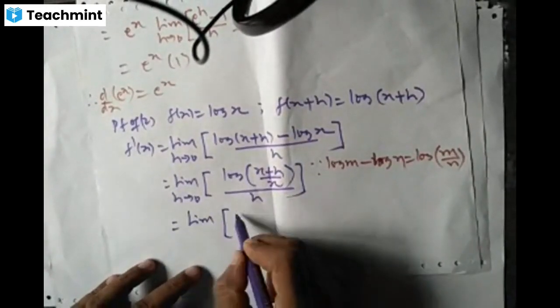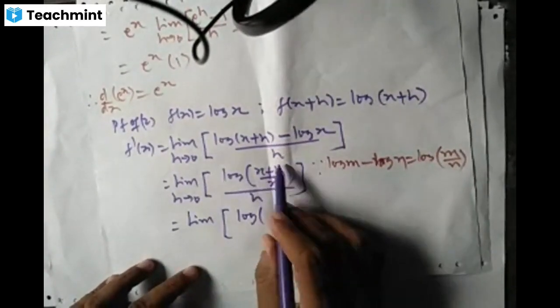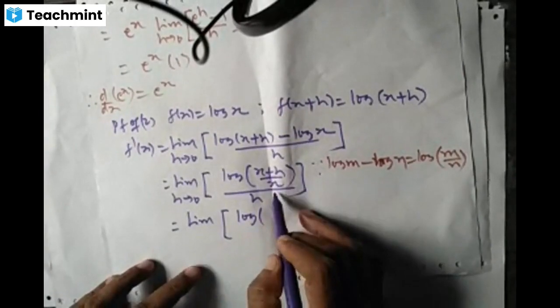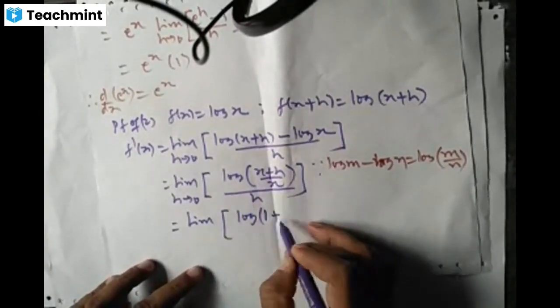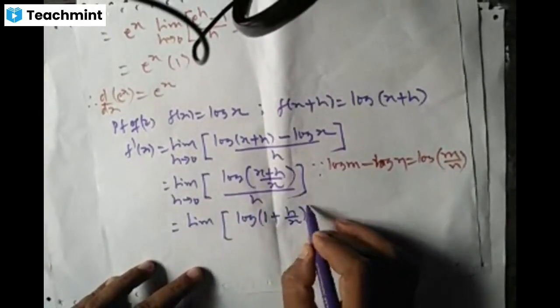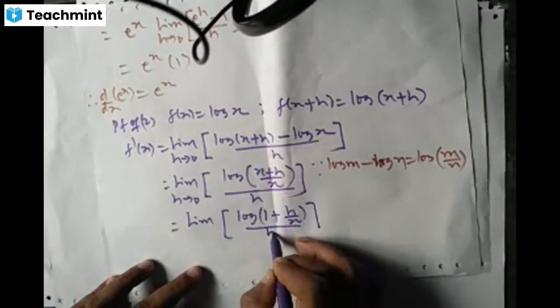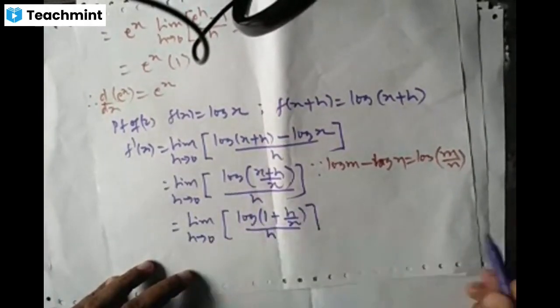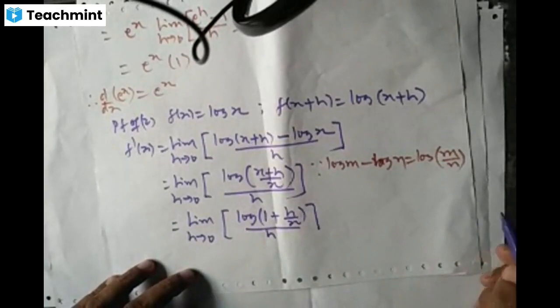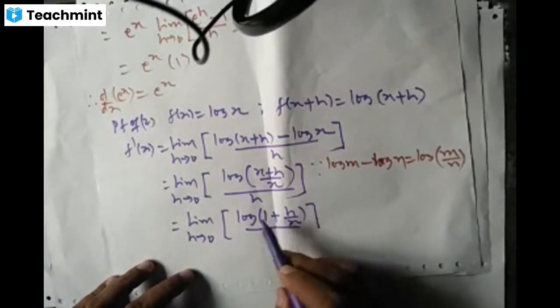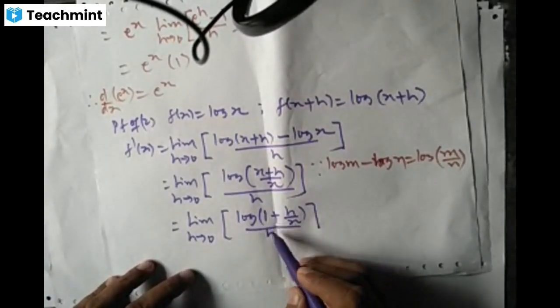Further, I can write this bracket as x plus h by x as x by x is 1 plus h by x, whole thing divided by h as h tends to 0. Even if you apply the limit, it takes the form 0 by 0 because log 1 is 0.